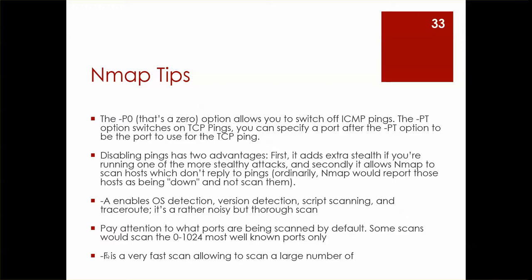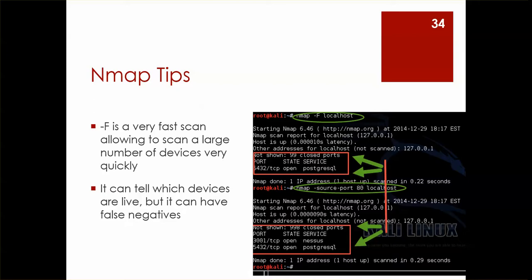The -F can help us to quickly examine a large number of hosts. If we have 2,000 hosts or whatever, we specify the range, our CIDR, and then we do -F, and it gives us a quick inventory of the most common things that are open on a particular host and which hosts are alive. So this is helpful for massive scanning.